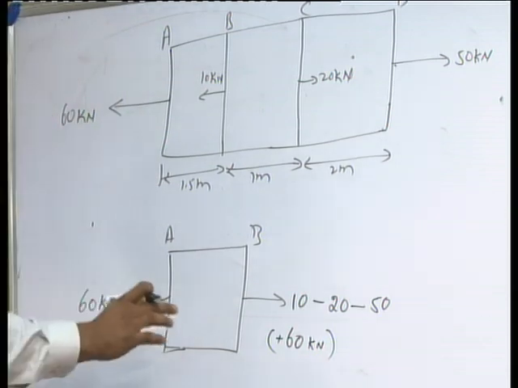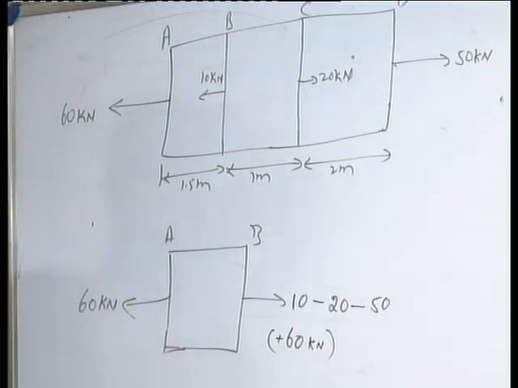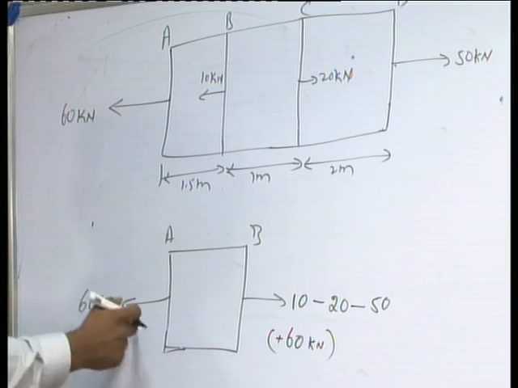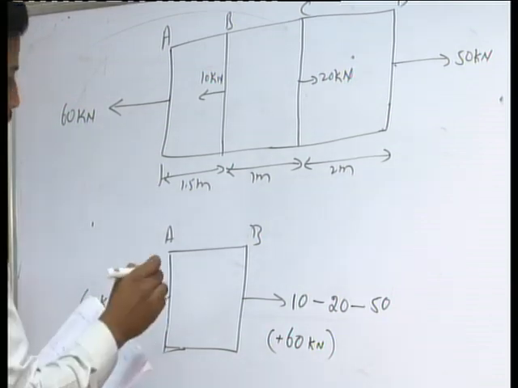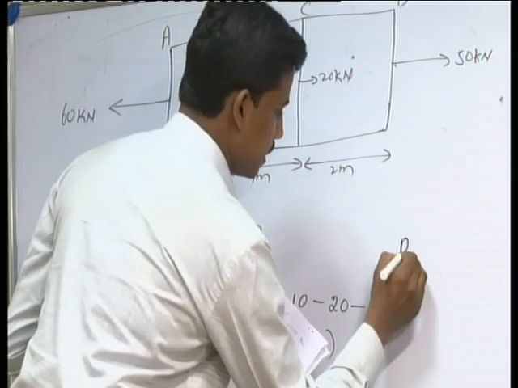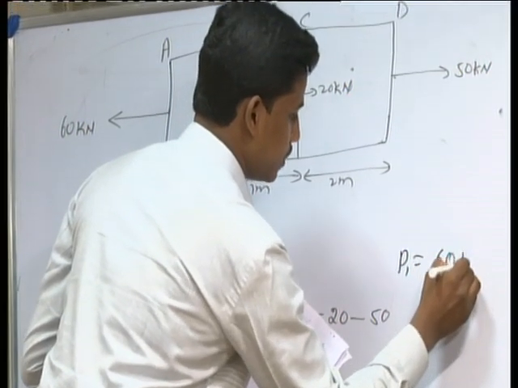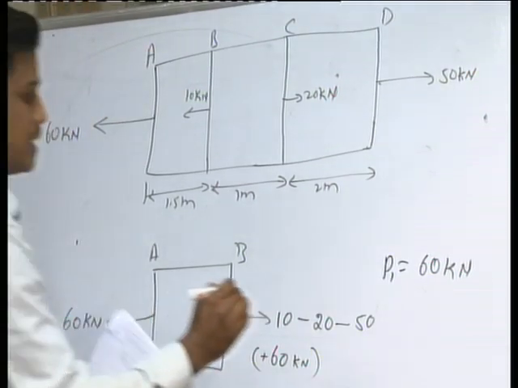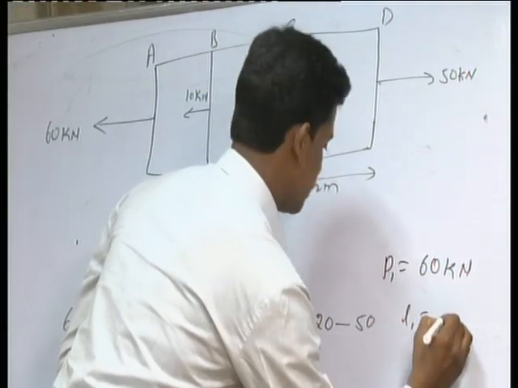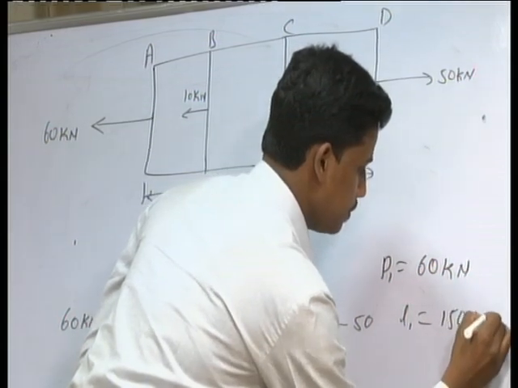That means this block is in equilibrium, with two equal forces of the same magnitude acting in different directions. So we get P1 as 60 kilonewton, and L1 is 1500 millimeter.